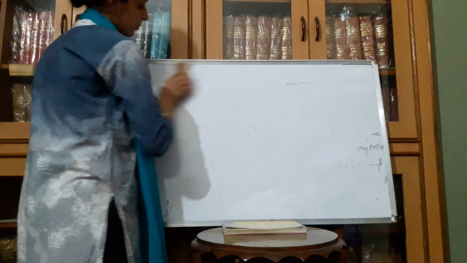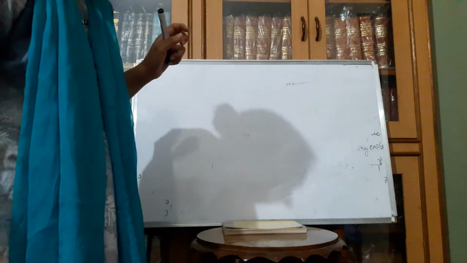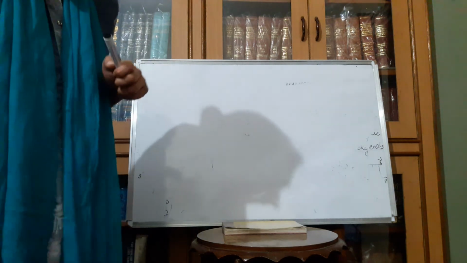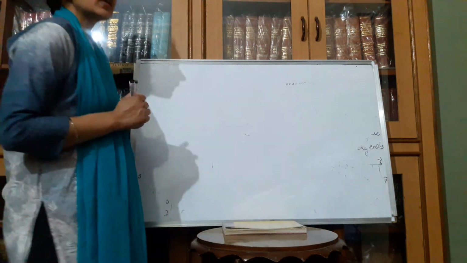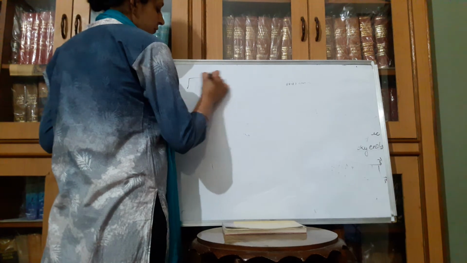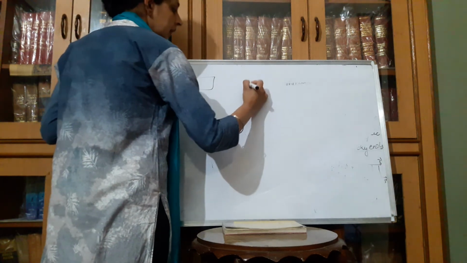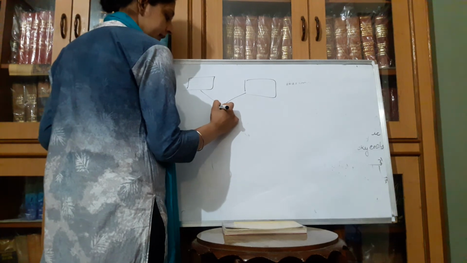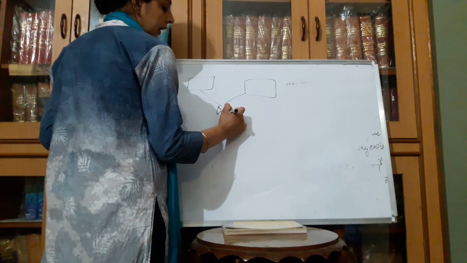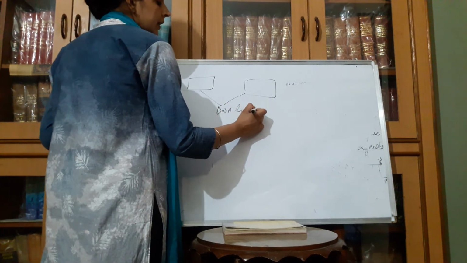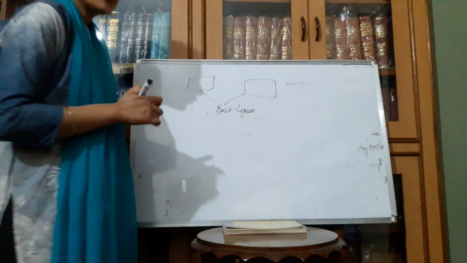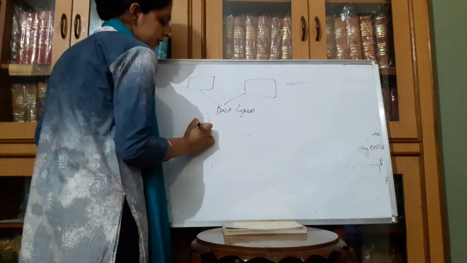If we talk about the working of the restriction endonuclease enzyme, as I already told you, it makes the cut in the foreign DNA and in the plasmid DNA. Then they are joined together with the help of DNA ligase.